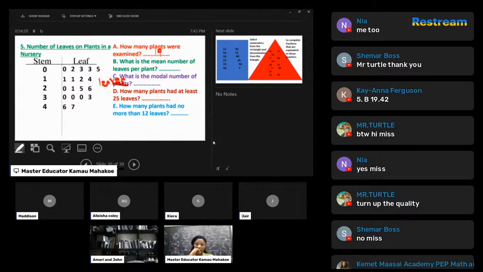Miss, I got 350. Well, I checked them a couple times and I got 369, and it's 19 plants. So do the division part of it now. 369 divided by 19.